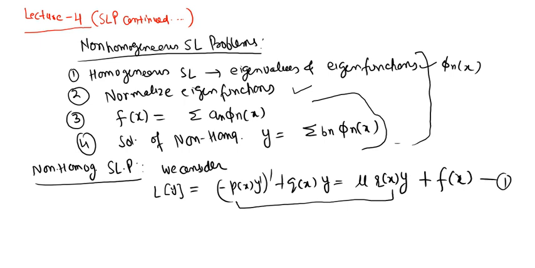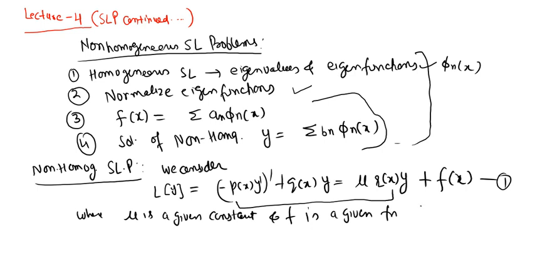So this is the non-homogeneous problem, say this is 1, where mu is a given constant and usually it is 1. And f is also a given function defined on some interval a to b.